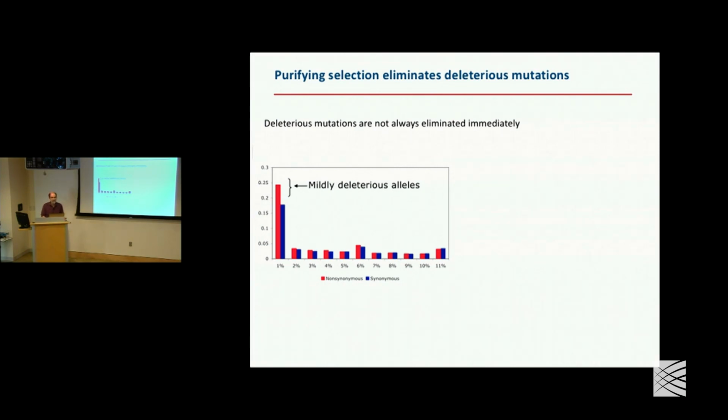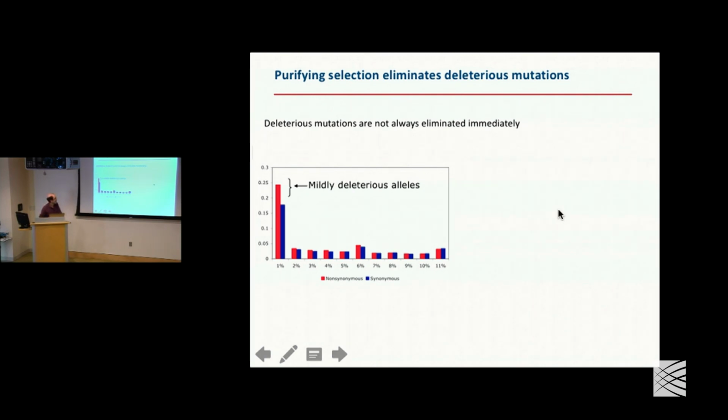There's no guarantee that these mutations will be eliminated immediately. Obviously, some are not viable at all, in which case you don't see them, but they can stick around for a while. You can have a mutation that makes you more susceptible to disease or less attractive to a mate or something, and it can stick around. You can pass it on, but you're less likely to pass it on. And so if you look at allele frequencies, mutations that are more likely to be functional, and therefore more likely to be deleterious, tend to be at lower frequency.